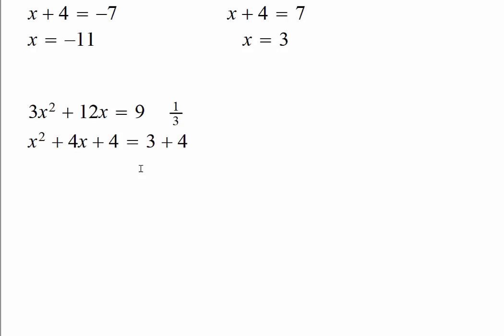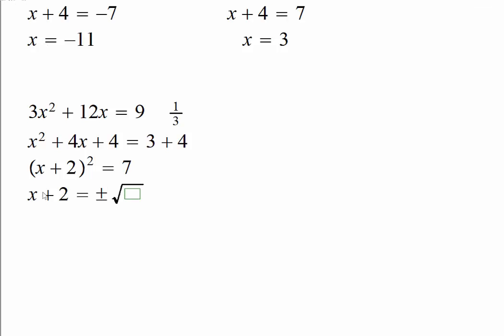And then this factors as x plus 2 times x plus 2, that is, x plus 2 squared. The right hand side is 7, and then x plus 2 becomes how much? Plus or minus the square root of 7.